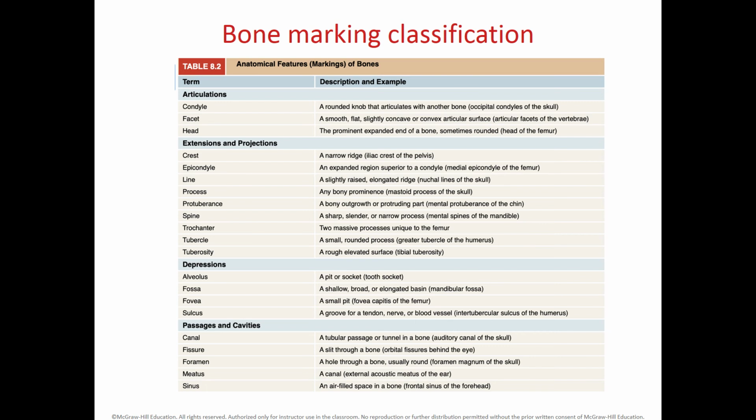You can call, for instance, this auditory canal also the auditory meatus or acoustic meatus. We also have cavities filled with air, like in the case of sinuses, that help to create a resonance chamber and lighten the skull.